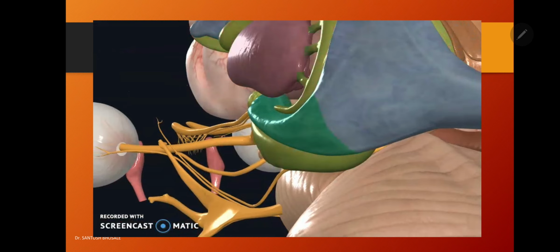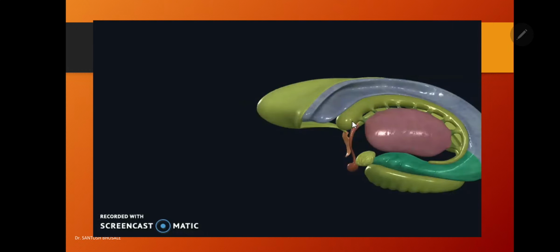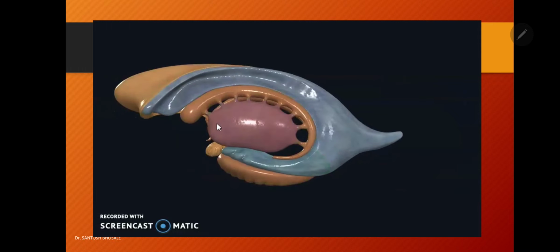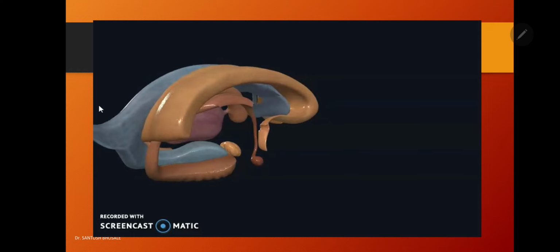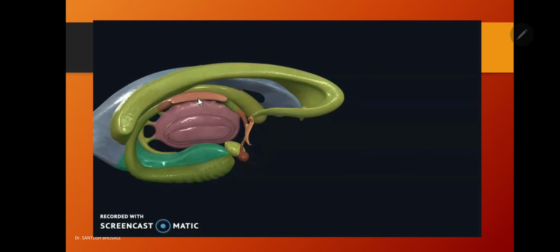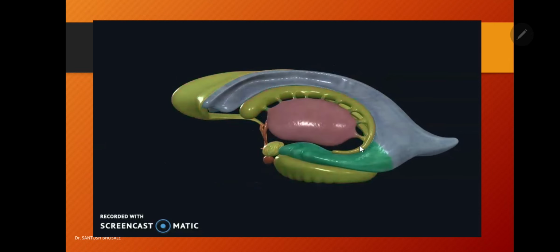So if you isolate these structures here, you can definitely notice. You can see the inferior horn, anterior is related to the amygdala. In the floor, it has the hippocampus, and in the roof, it has stria terminalis, the fibers of the amygdala, and the tail of the caudate nucleus that is there.